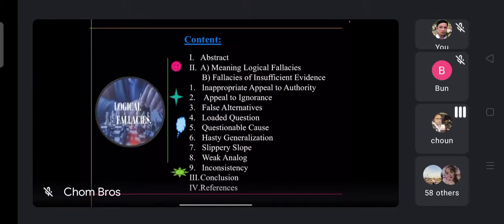This is our table of contents. First is the abstract, which we call the introduction. Second is the meaning of logical fallacy.